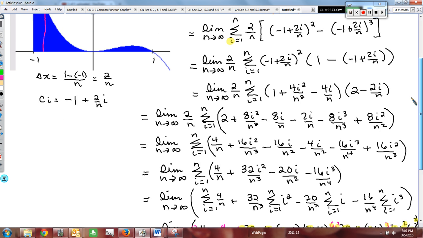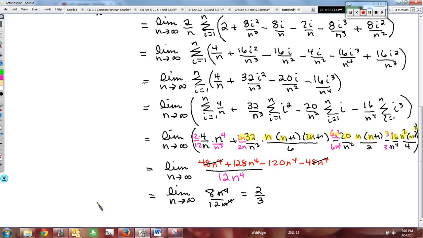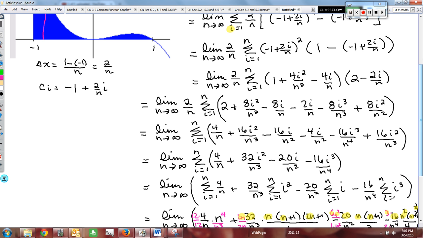That what I want to do is have this idea, which is what's coming in the next section, is that a way to find this area, that this area from -1 to 1 on this function f of x dx is nothing more than a definite integral.